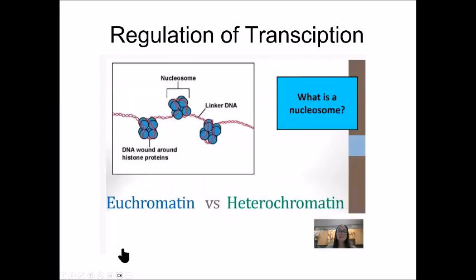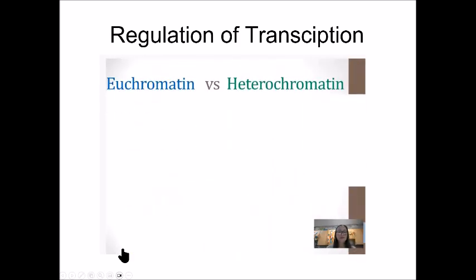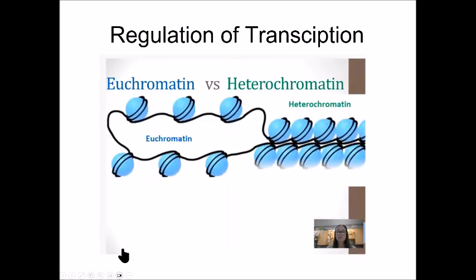So with this here, we have two kinds of chromatin. We have euchromatin and we have heterochromatin. Euchromatin, you can tell by looking at it, is more loosely condensed, and heterochromatin is more tightly condensed. If gene expression means transcribing genes and producing RNA and ultimately a protein, we need RNA polymerase and transcription factors to attach to the promoter sequence of the DNA.